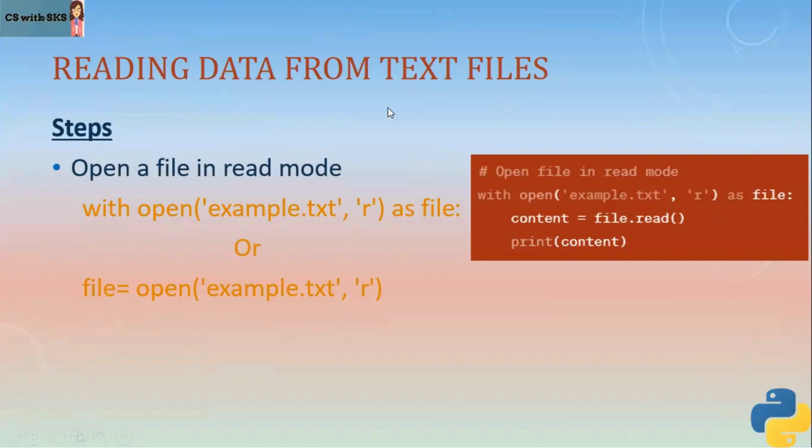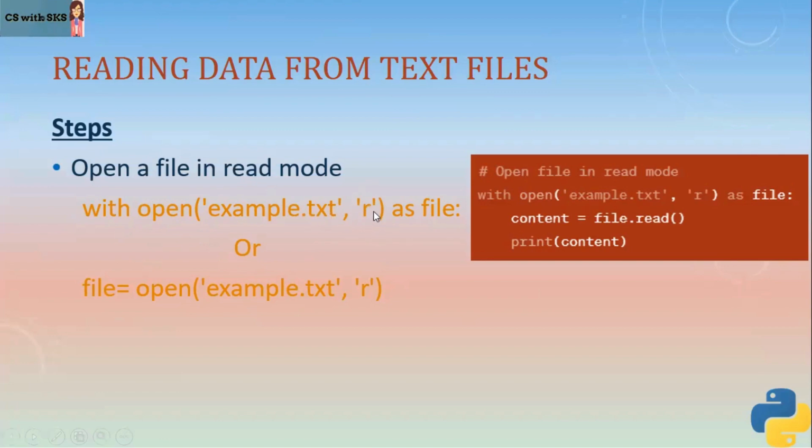So first of all, you need to open a file. There are two different ways by which you can open your file. You can open using the with clause, or you can simply open using the open function. Any of the ways you can use. This is the syntax: you start with open and file name, comma, mode.